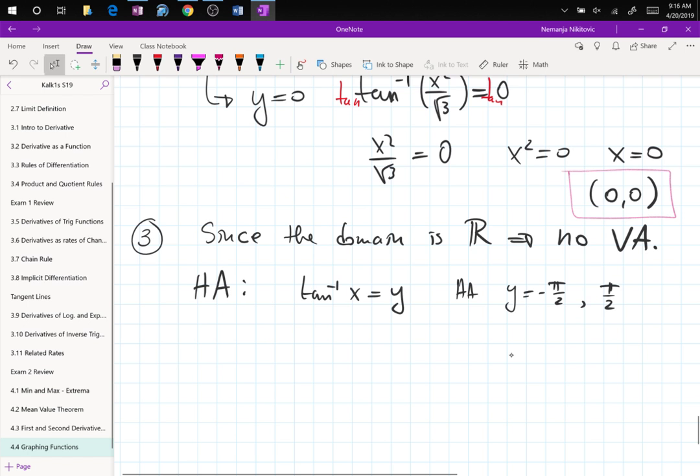Now, would anything change for this one? Well, we know the way to find these asymptotes is using the limit. Set the limit to infinity and see what we get.